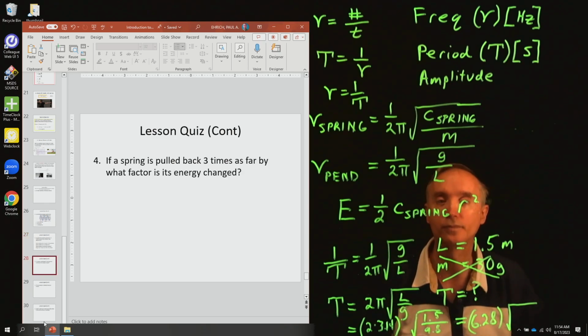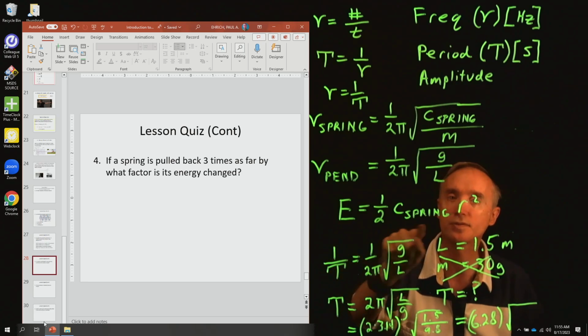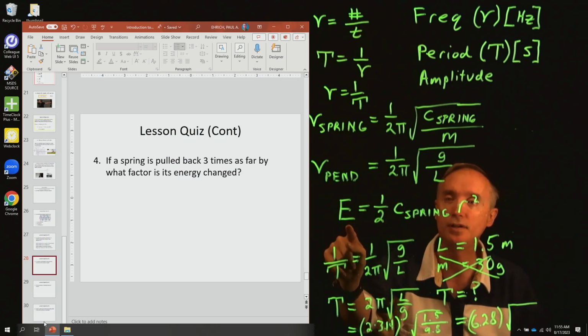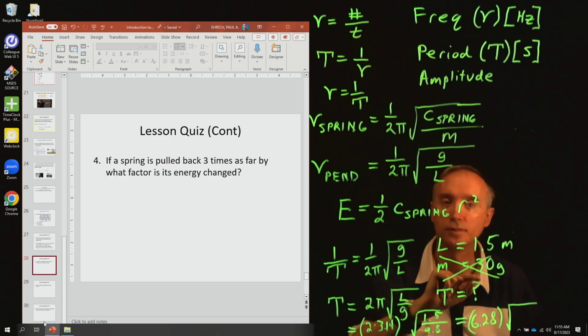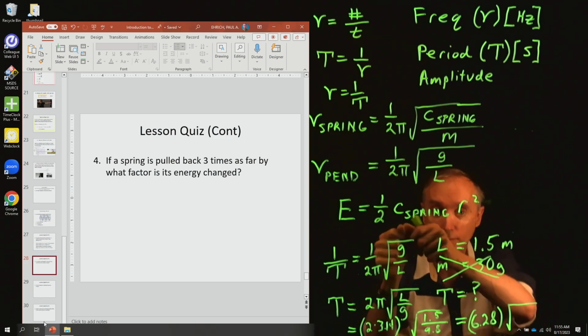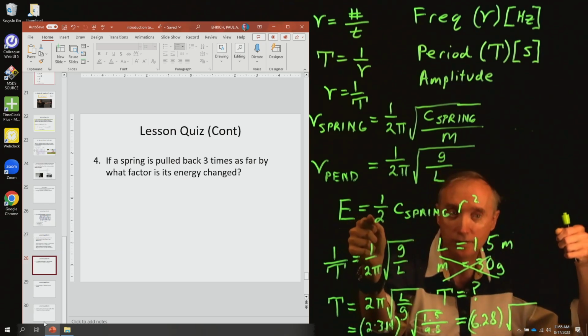Question number 4. If a spring is pulled back 3 times as far, by what factor is its energy changed? Okay, now we're going to use this equation. The energy is 1/2 the spring constant times how far back you pull it, squared. Now it's the same spring, so you pull it back this far, and then you pull it back this far.